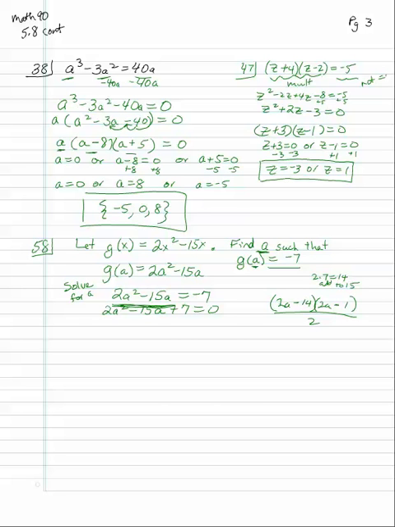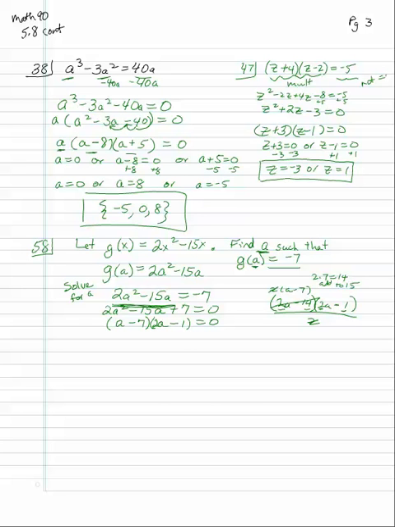Now I got to reduce it. So I'm going to factor out a 2 from the first one. I just write it above to save space. So divide 2 out of both of those numbers. What comes out of 2 and 1? Nothing, so it's done. And then the 2 that I factored out of the first parenthesis cancels the 2 on the bottom. So we've got a minus 7 times 2a minus 1 equals 0.